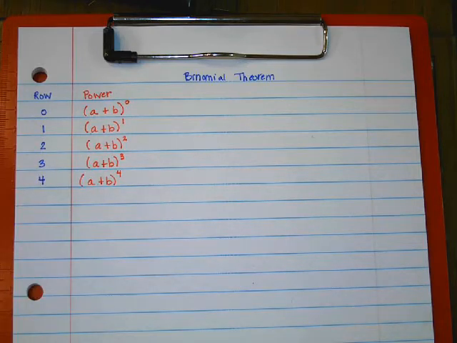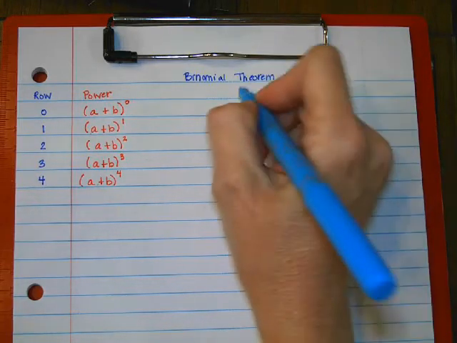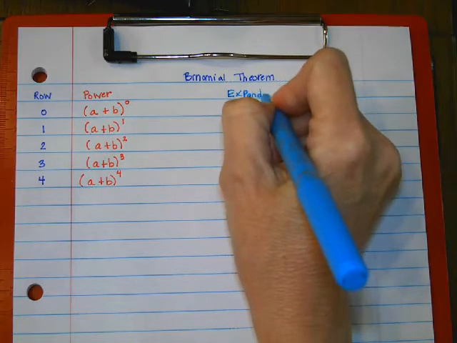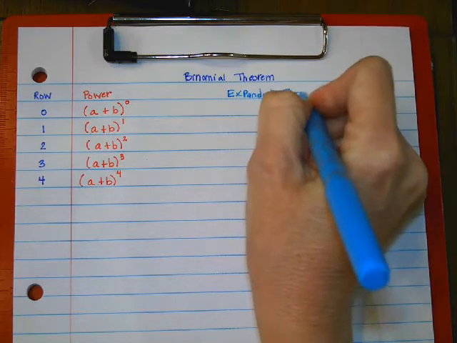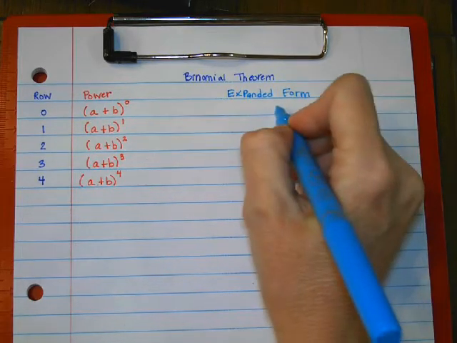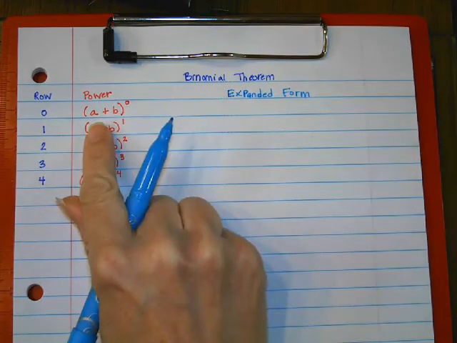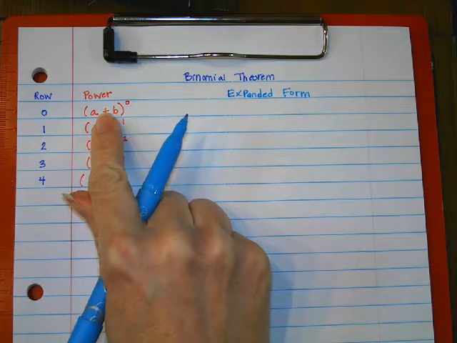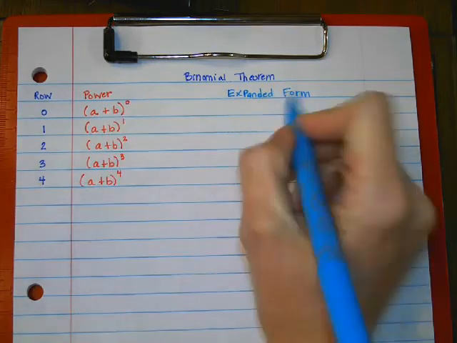Then we're going to talk about when we take this and expand it out. This becomes expanded form. Expanded form is going to look like a little triangle when I start to expand this out. When you think of a triangle, it has a really high peak and it gets wider as we go to the base. Anything we've learned in previous years in Algebra 1, if we take any value, no matter what it is, and raise it to the 0 power, it's equal to 1.